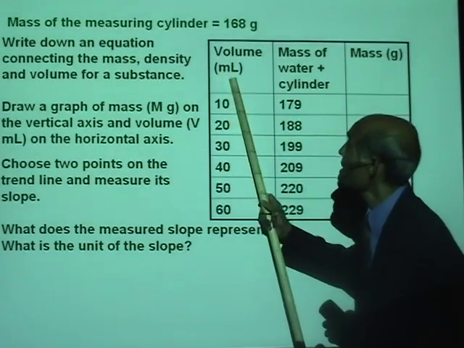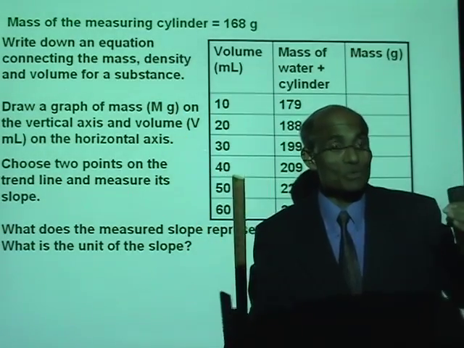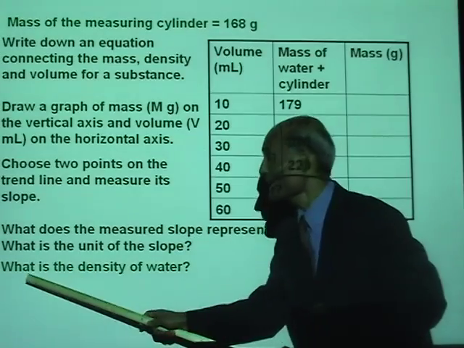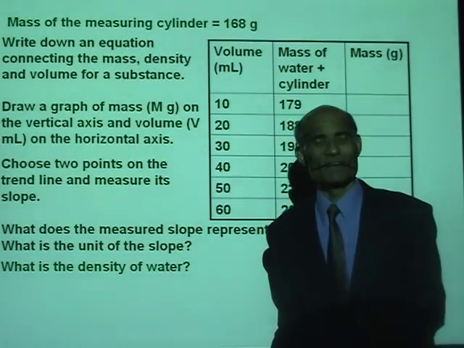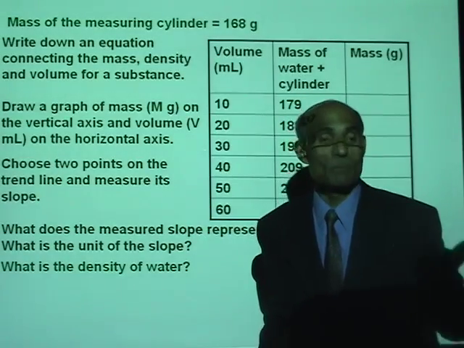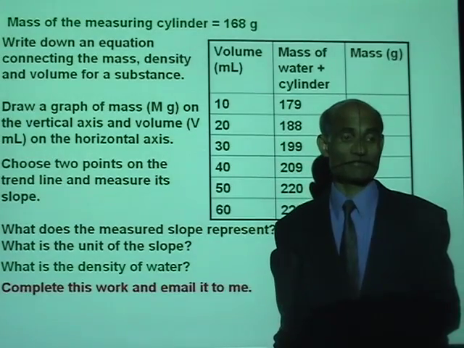Delta V is measured in milliliter. So the slope will be in gram per milliliter. And finally, what is the density of water? In fact, that was what you are actually doing. Your experiment, you are measuring the density of water. What did you get as your result?